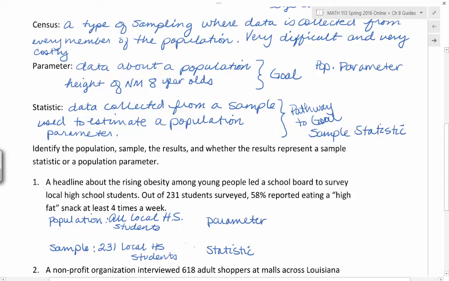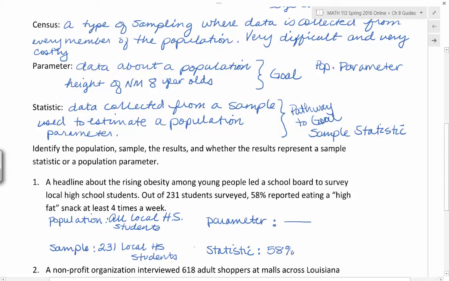Then the parameter would be information that was collected from the population, so you would have to have done a census, and it looks like we did not do a census, that we just talked to 231 of the local high school students. Really depends on how big your area is, but 231 does sound like a sample, not a population. The parameter, then, we didn't find any, and the statistic is the 58%.